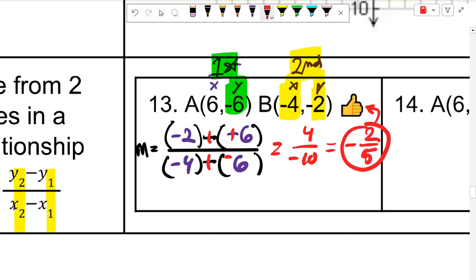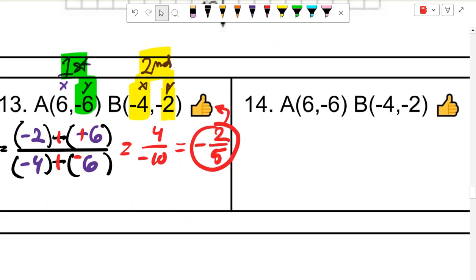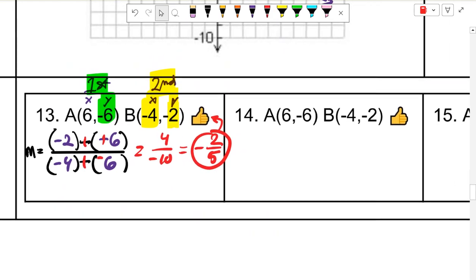Now, in the lesson, I told you it doesn't matter what 2 points you use, you can always find the slope. And that's what number 14 is all about. Let's switch these and now say that this is our second point, and this is now our first point. Definitely switched them. And now let's draw out our bar with our minus signs.